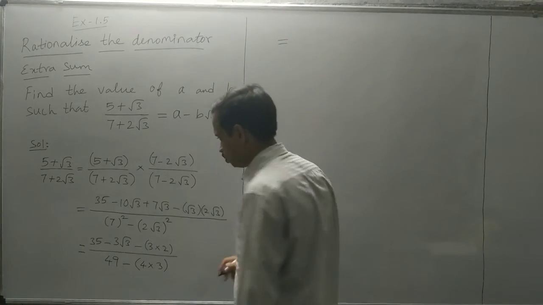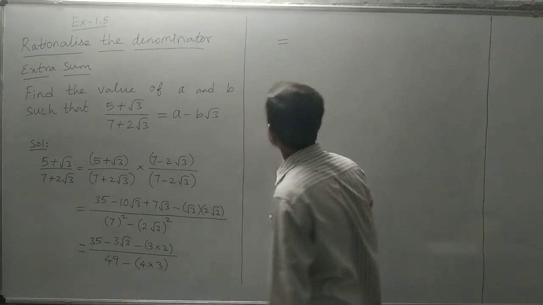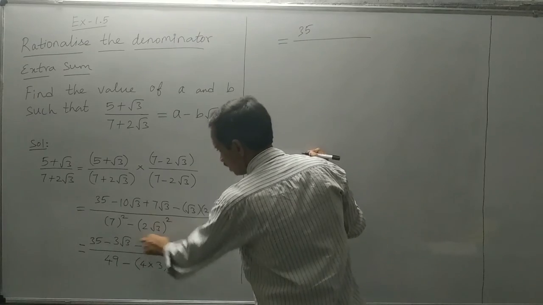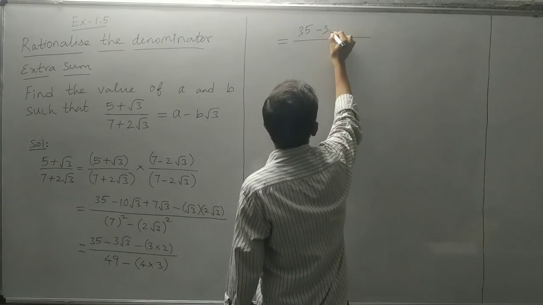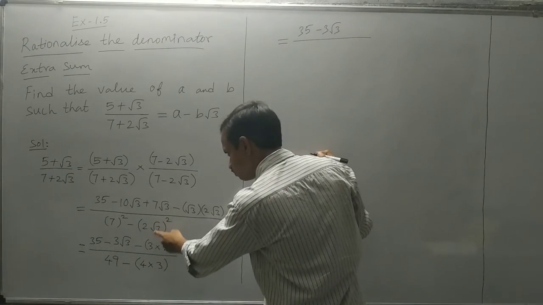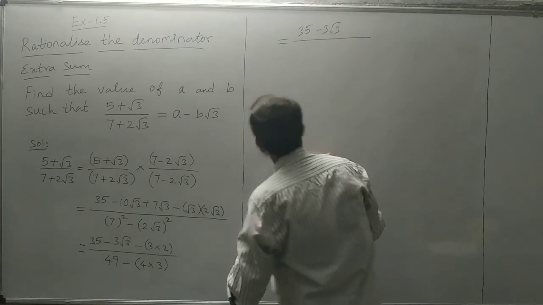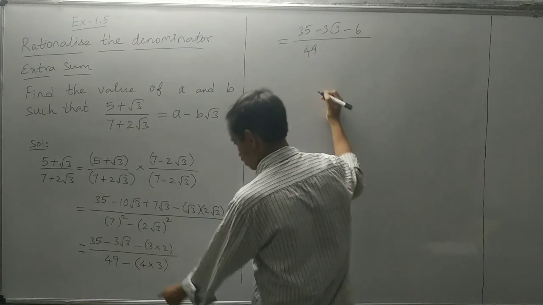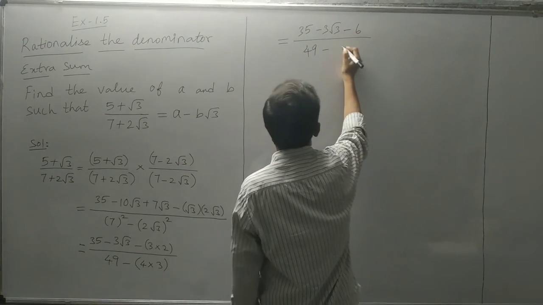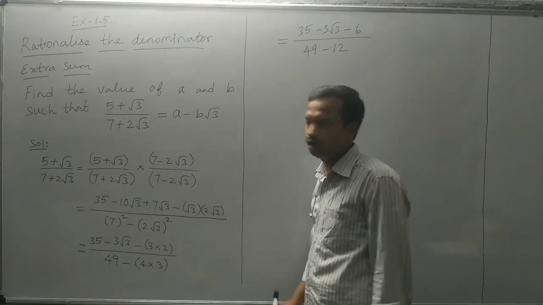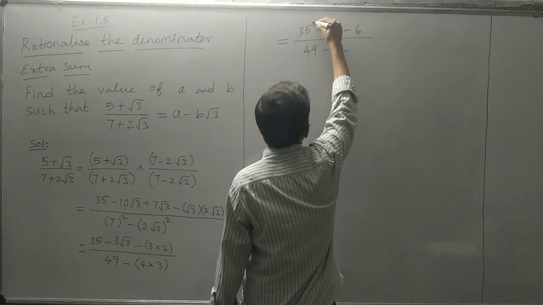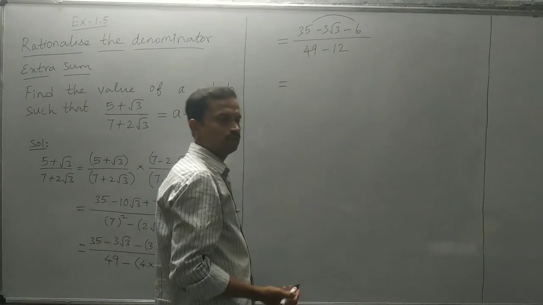And now come to this side. This is equal to, what about the numerator? 35, and then minus 3 root 3, and then minus 3 into 2, minus 6. Everyone right? 49 minus, what is 4 into 3? 12. Is it clear? And next step, 35 minus 6.